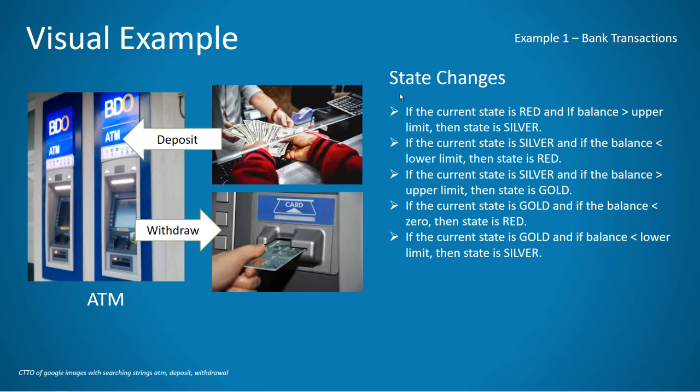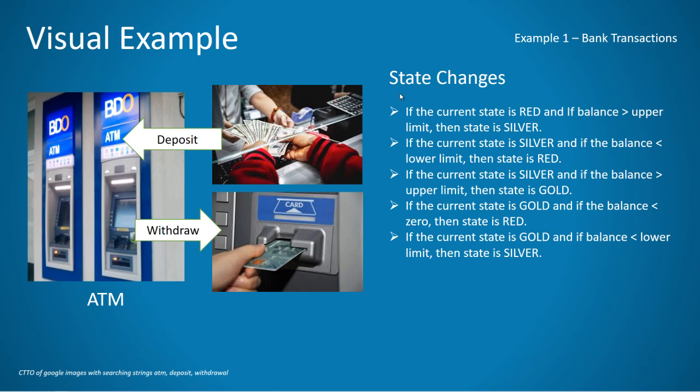So we have these state change conditions. If the current state is red and the balance is greater than the upper limit, then the state is silver. If the current state is silver and the balance is less than the lower limit, then the state is red. If the current state is silver and the balance is greater than the upper limit, then the state is gold.